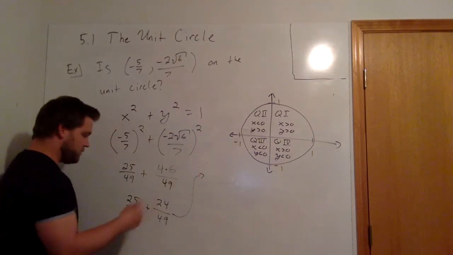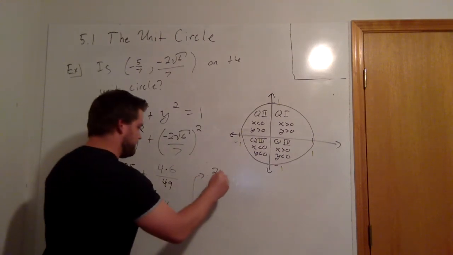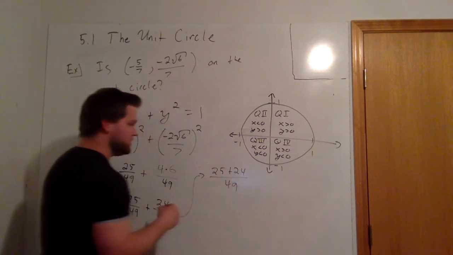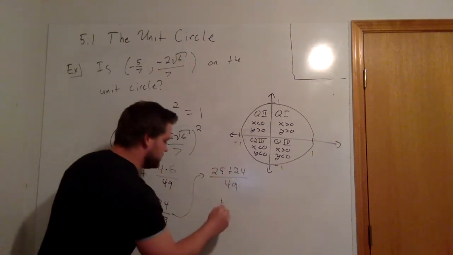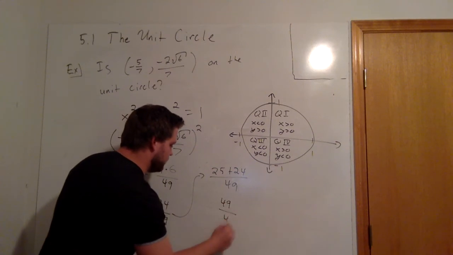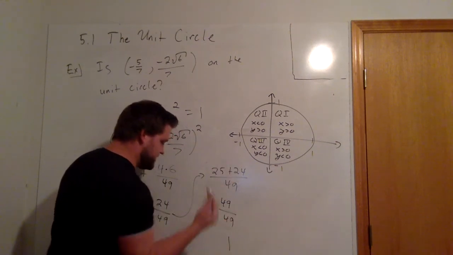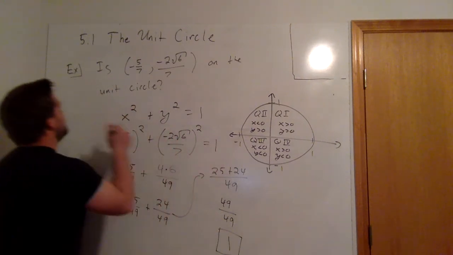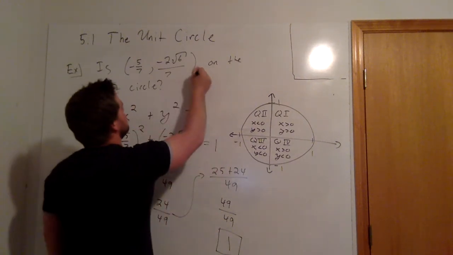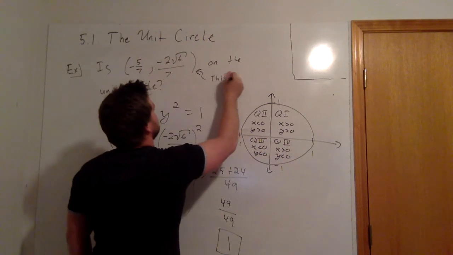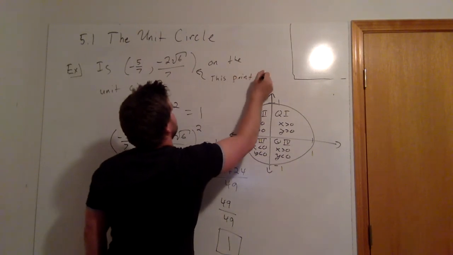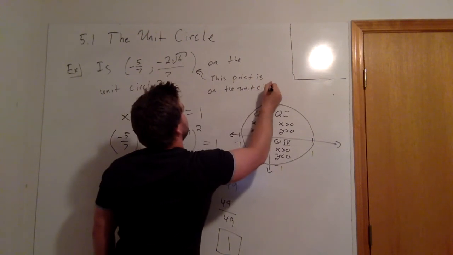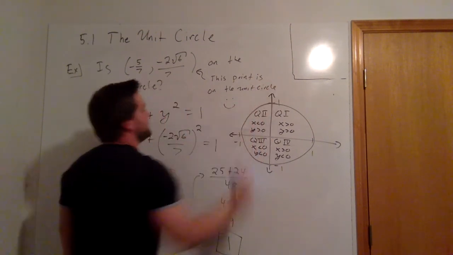Since we have a common denominator, we can add the numerators: 25 plus 24 over 49. 25 plus 24 is 49 over 49, which is 1. Yes! So this point here is on the unit circle.